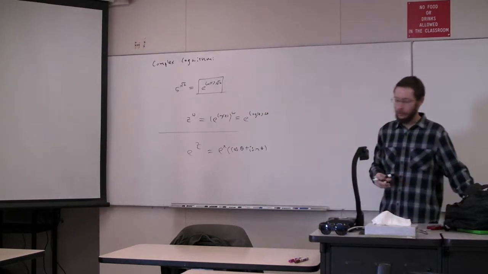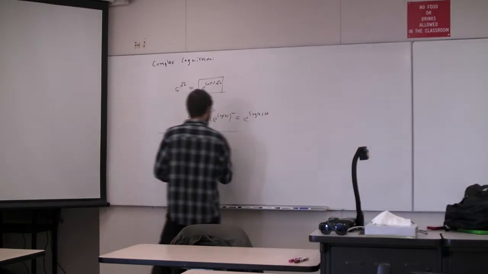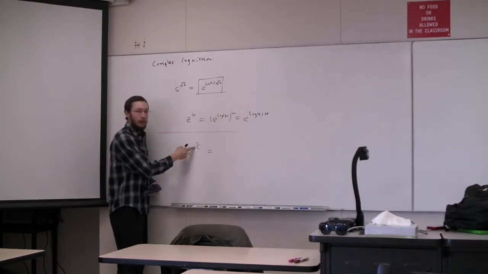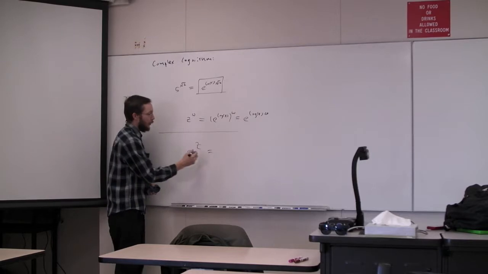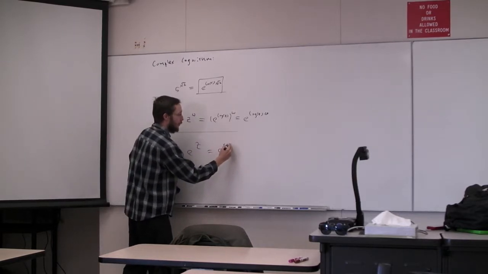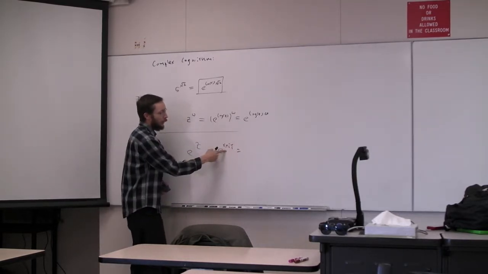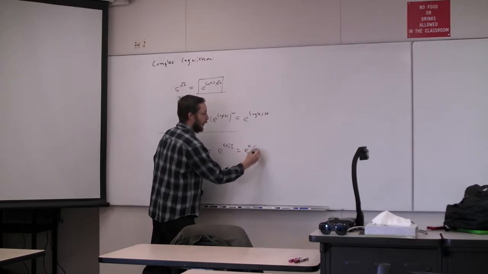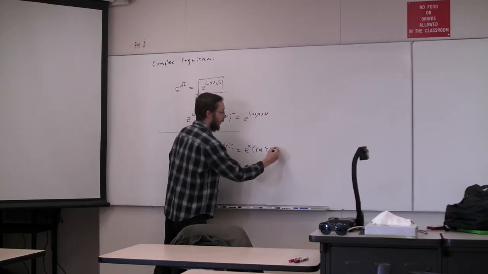Well, let me change the notation on that. Let me do this in two pieces. If z is a complex number x plus iy, then we can rewrite this as e to the x times cosine y plus i sine y.